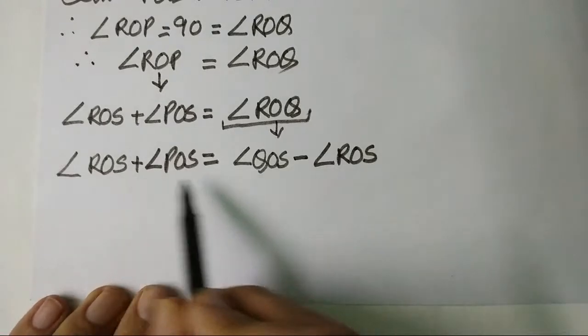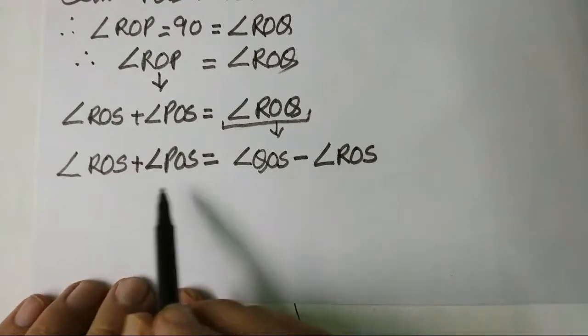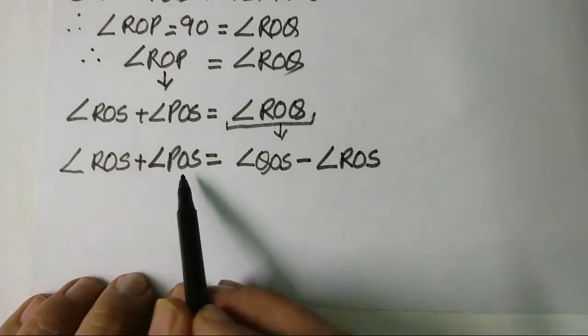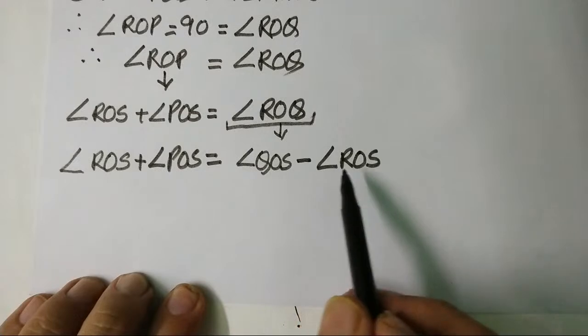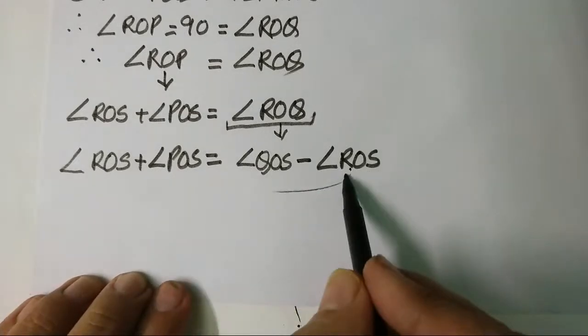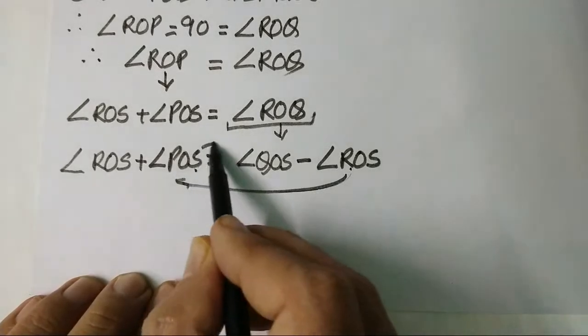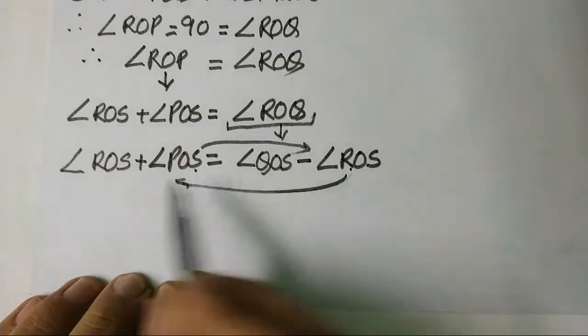Okay. Now after this step, I will just change the sides. ROS plus POS is the new sentence. Now I will bring this ROS here, and bring this here. Change their sides.